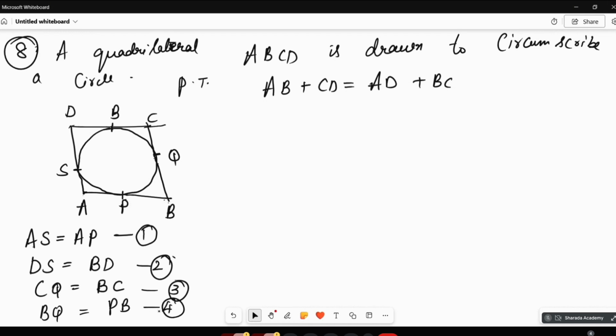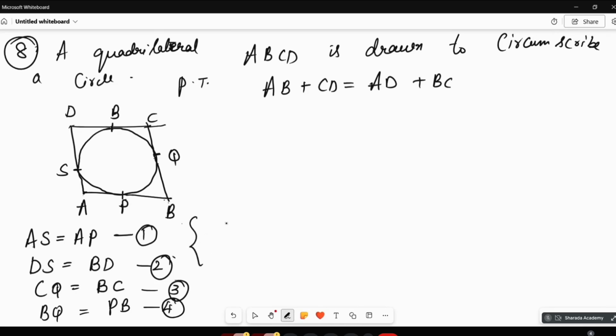Why so late, everyone? So AS is equal to AP, PB is equal to BQ, CQ is equal to CR, DR is equal to DS. So these are what we get.